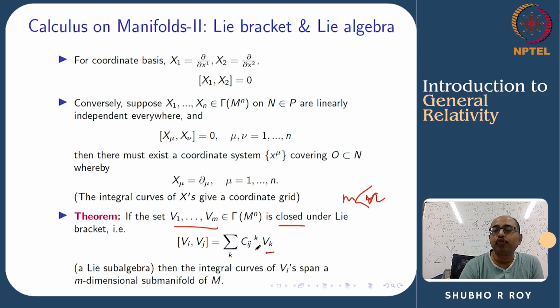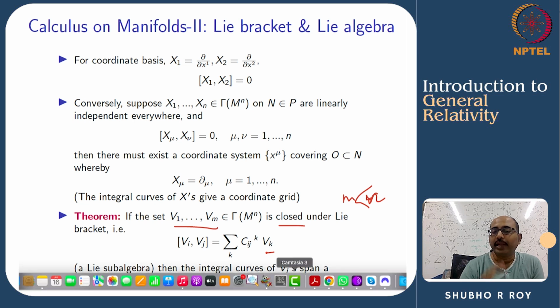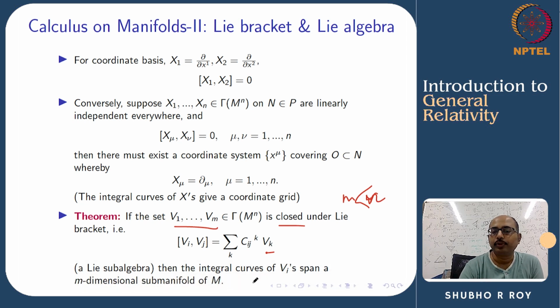Now, if this is true, then the integral curves of these m vector fields, the V_i, will span an m-dimensional submanifold of M. So they will give some kind of subsurface, let's say, which is m-dimensional, and let's say this was n-dimensional.